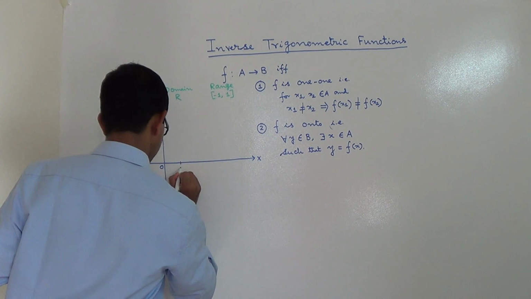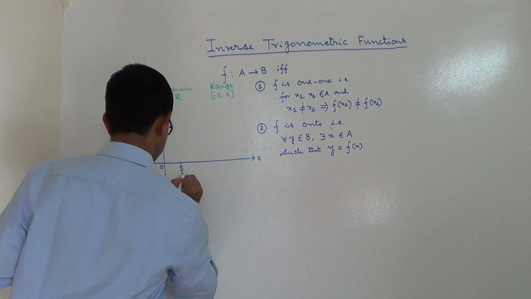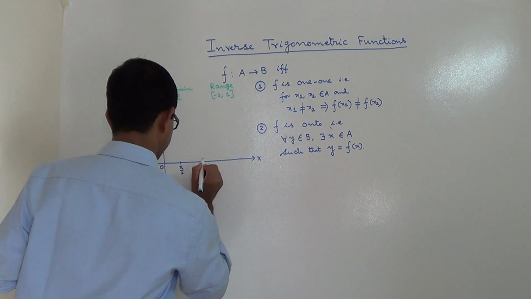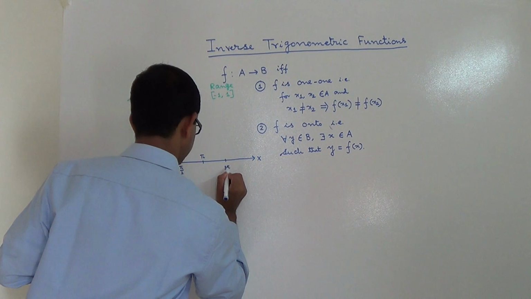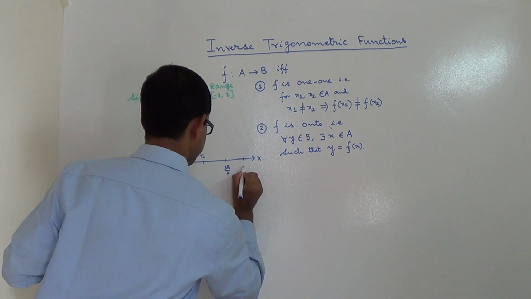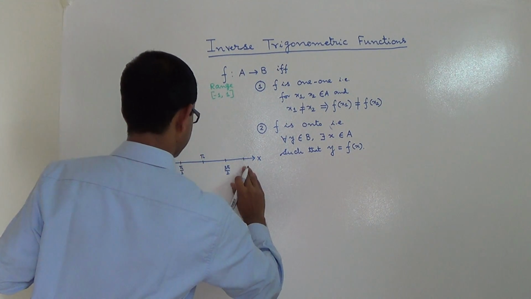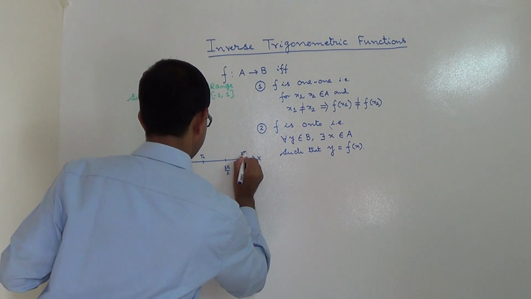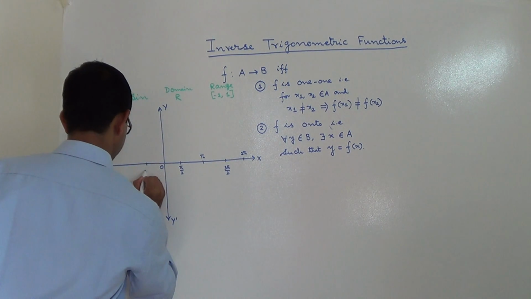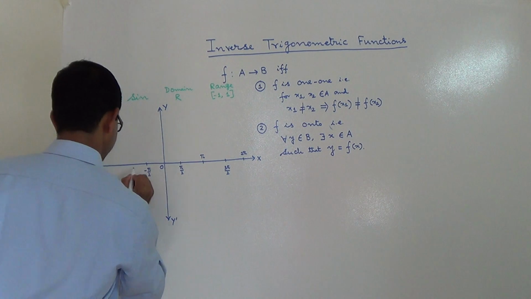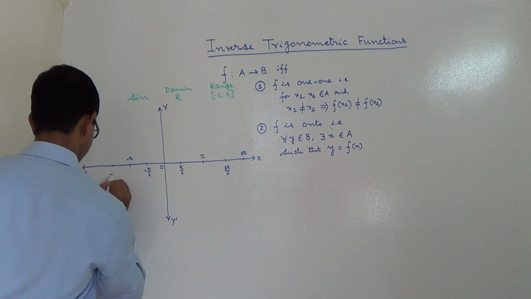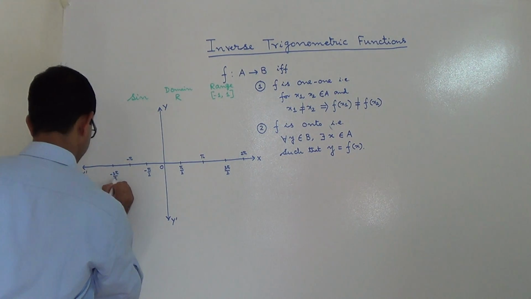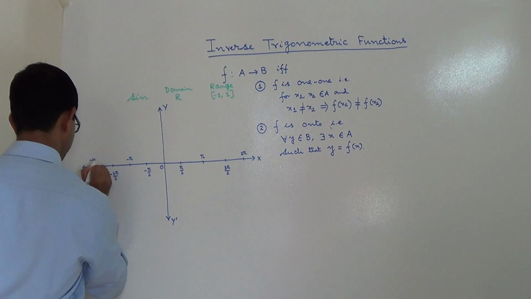Then it becomes pi by 2, pi, 3 pi by 2, and 2 pi. Similarly here it is minus pi by 2, minus pi, minus 3 pi by 2, and minus 2 pi.